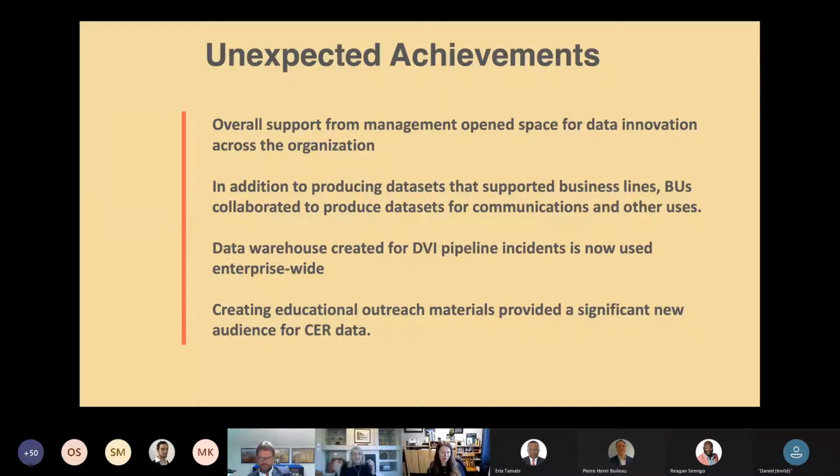And really, really interesting, we learned that data visualization is not enough. I mean, it's a step. It's definitely necessary, but it's not sufficient.